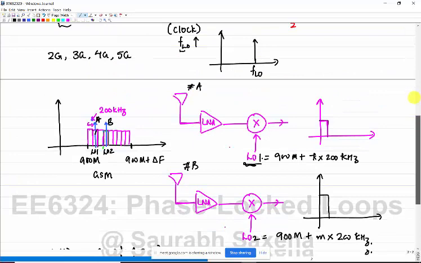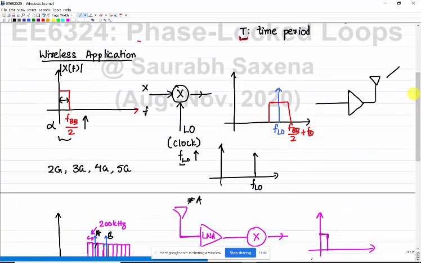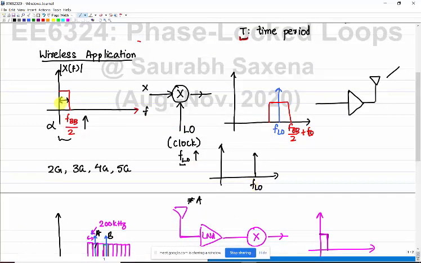This is exactly what I did here. I have this LO frequency here, I am having f bandwidth, so I get f_LO plus f bandwidth, f_LO minus f bandwidth.